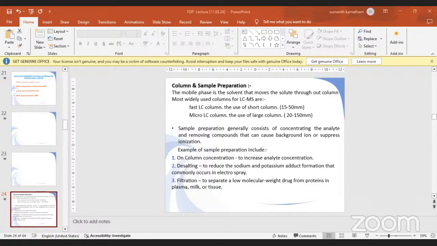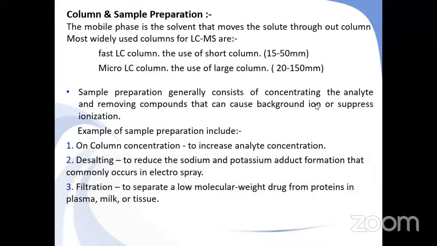So column concentration is used to increase the analyte concentration. Desalting is there to reduce the sodium and potassium adducts that commonly occur in electrospray ionization.